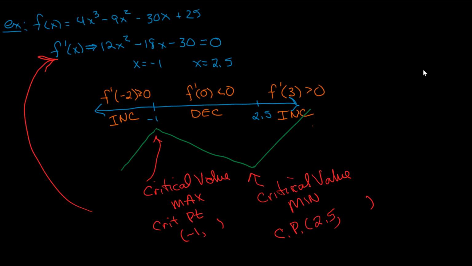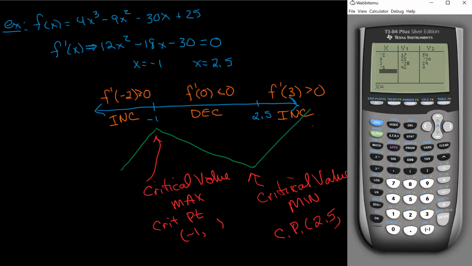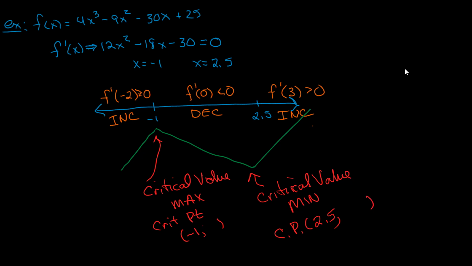So it should be that the slope works out to be 0, which is exactly what we're getting. But what we're interested in right now is the y value. Notice the y value is 42. So for my critical point, my x value is -1. My y value is 42.